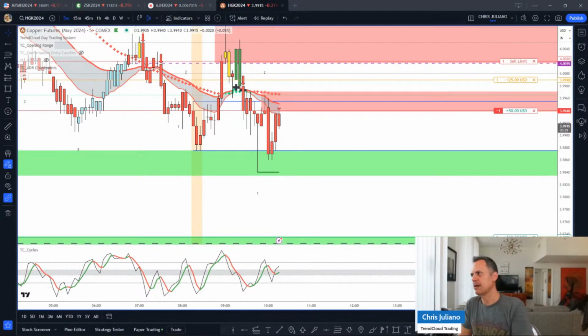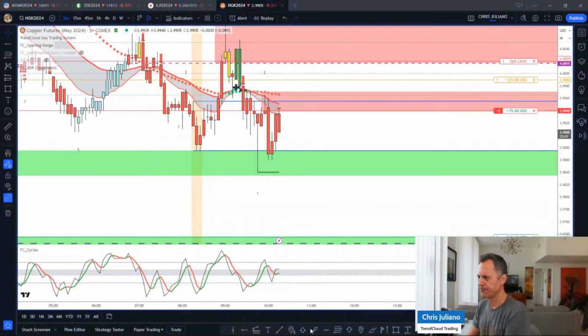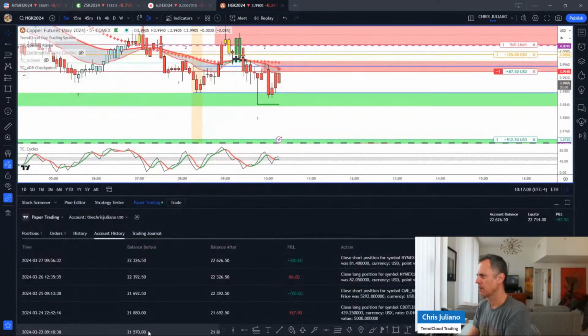We are in the green, guys. We're in the green for the month. Let's see what we have here. This is what's in the bank, right? $2,626.50.